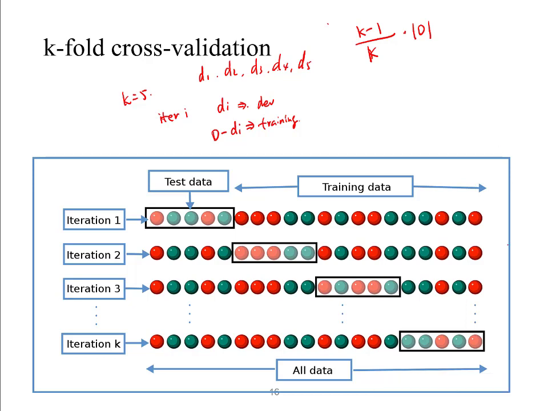The total measurement that we use to evaluate the model can be the sum, or the average, of the performance on the test data of all k iterations, that is, the performance on the development data over all k iterations.